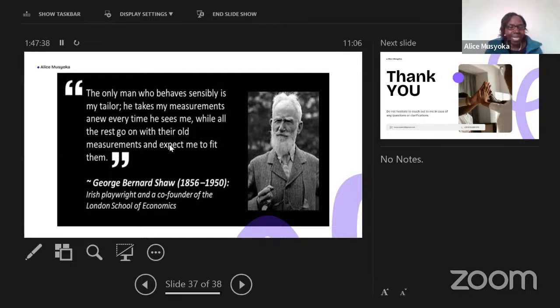So this slide is emphasizing why it is important to carry out measurements, to measure productivity, to measure performance.